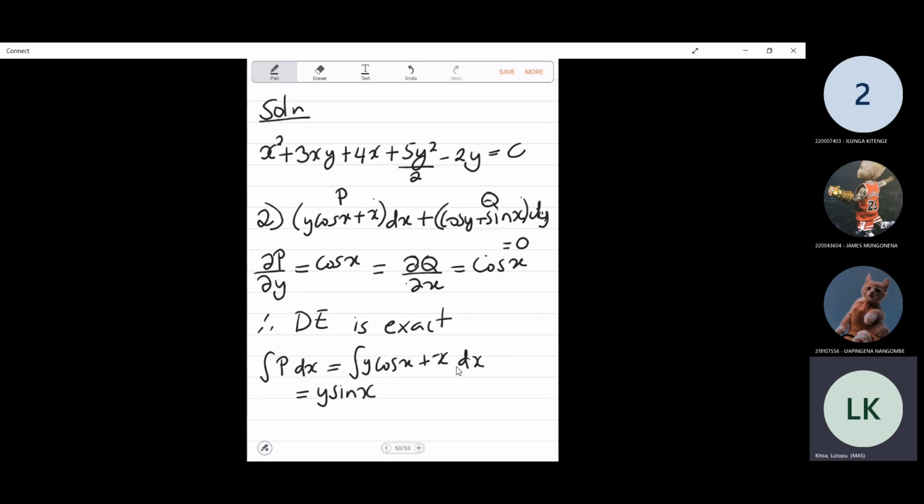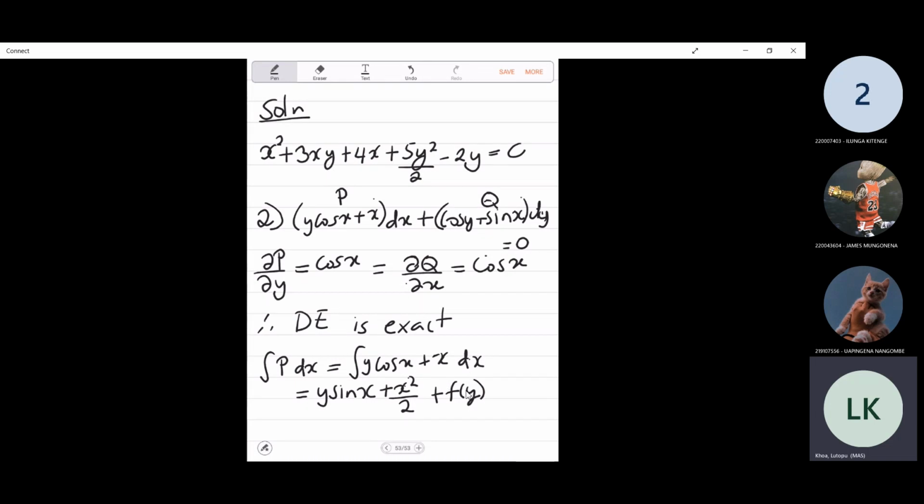And then the integral of x is x squared divided by 2. And then instead of adding a constant c, I add a function of y, because when I differentiate this with respect to x, I have y cos x, and then the derivative of this with respect to x is 0, because this only contains terms with y. There is no x. That's why its derivative is 0, and I'm back here where I started.